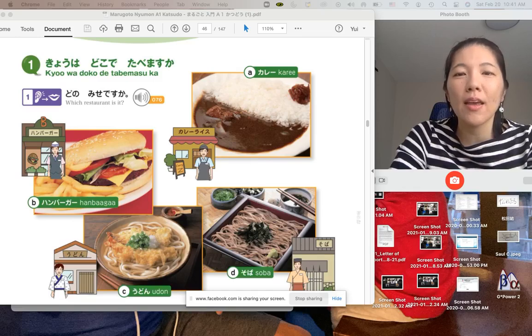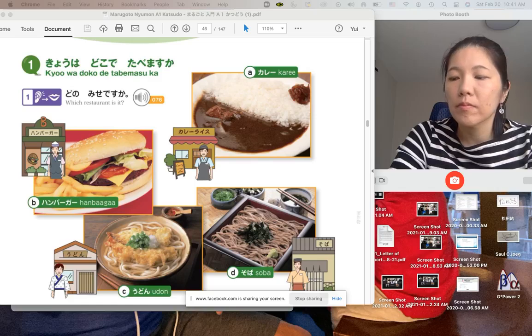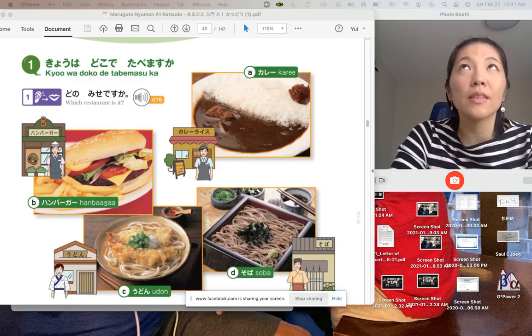So, カレー屋さん, let me see how the book talks about it. 第6課、どこで食べますか? 1、今日はどこで食べますか? 聞いて言いましょう. Listen and repeat.